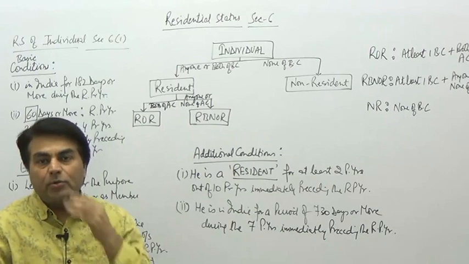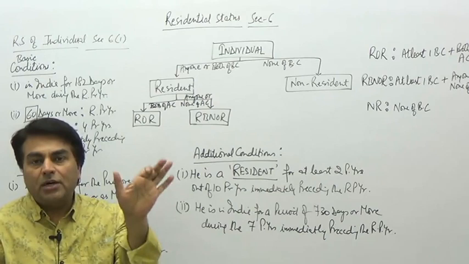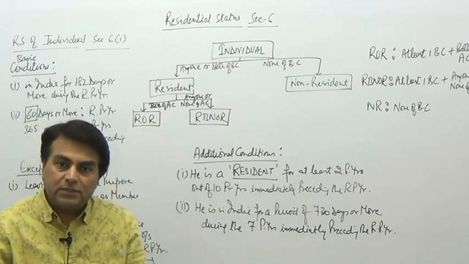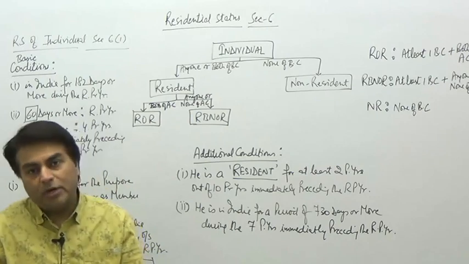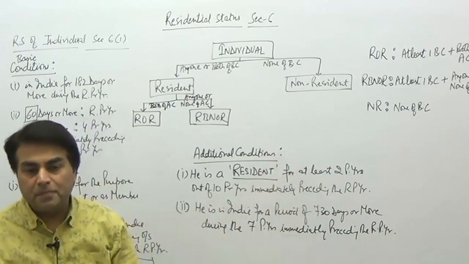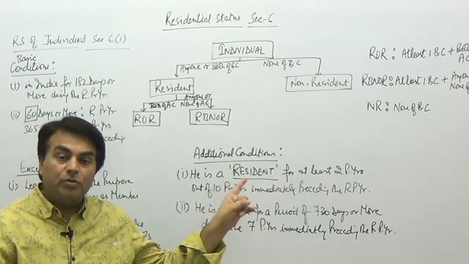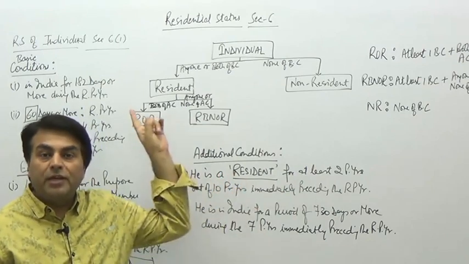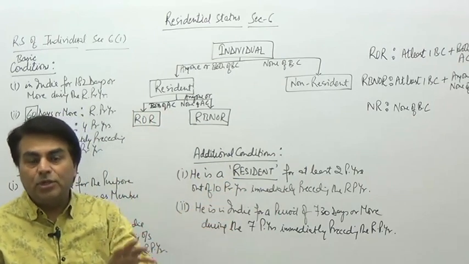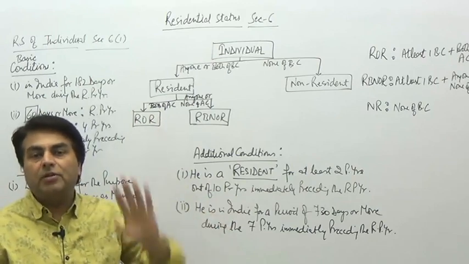The second level you need to apply only when at the first level he comes to be a resident. Now, for checking whether he is ROR or RBNOR, we need to check him on the additional conditions. The first additional condition: he is a resident, by fulfilling at least one of the basic conditions, for at least 2 years out of 10 previous years immediately preceding the relevant previous year.